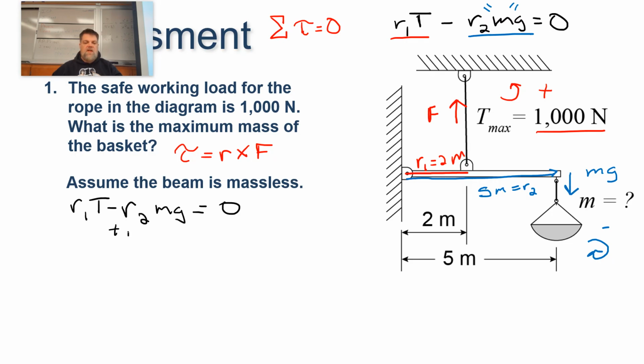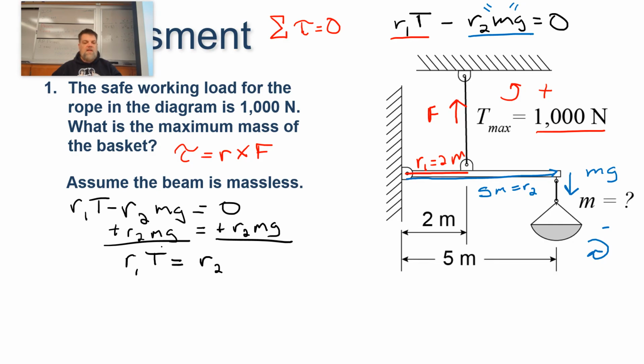Next step, I'm going to add R2 mg to both sides. Just going to do a little algebra here. And I get R1 times tension is equal to R2.